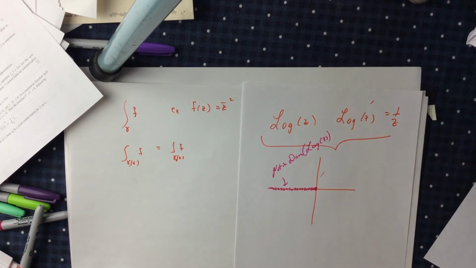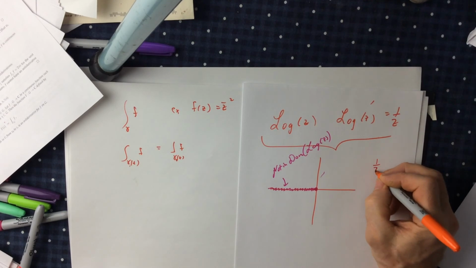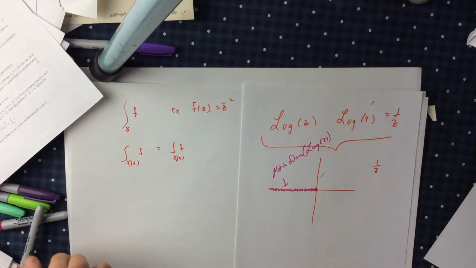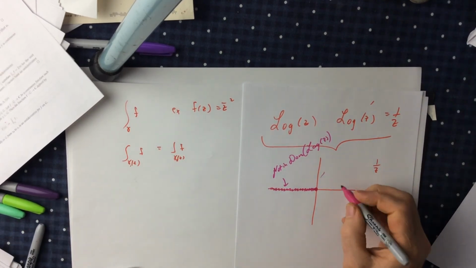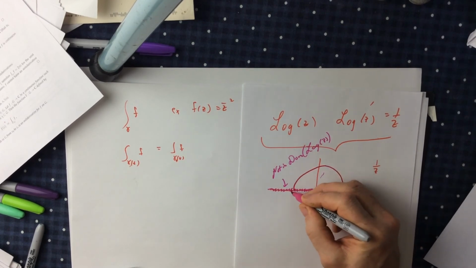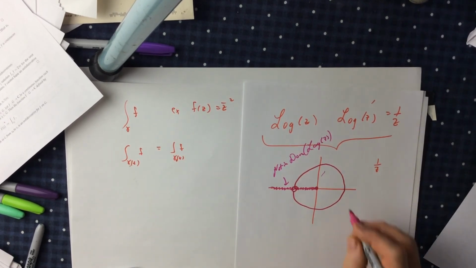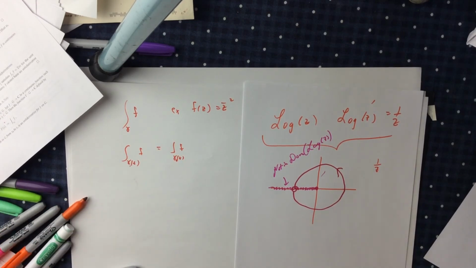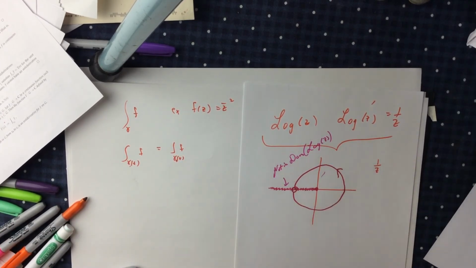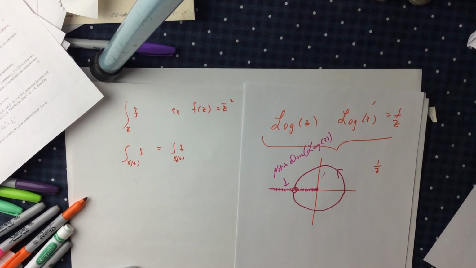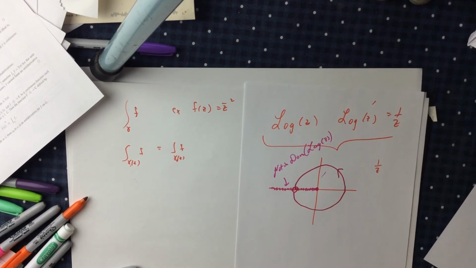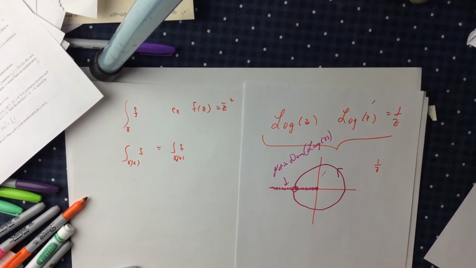But didn't the integral that I was just doing for 1 over z include a path where I went around the circle and I crossed that point? The answer is yes, it did. So guess what? That little slice on log of z actually caused a problem for 1 over z.